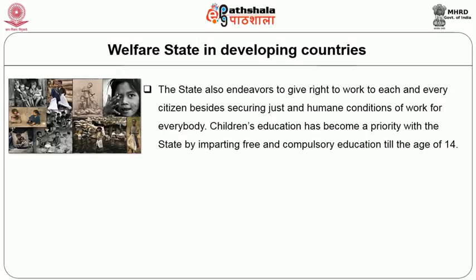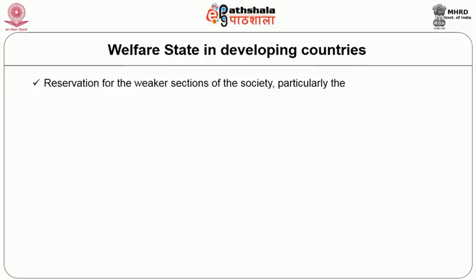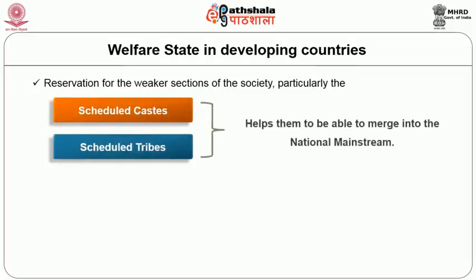Children's education has become a priority with the state by imparting free and compulsory education till the age of 14. Going a step further, the Indian welfare state also provides free midday meals to the children studying in government schools. Reservation for the weaker sections of the society, particularly the scheduled castes and tribes, helps them to merge into the national mainstream.